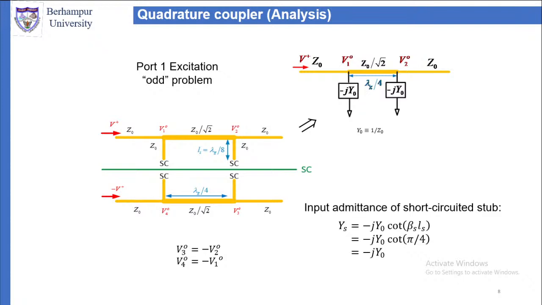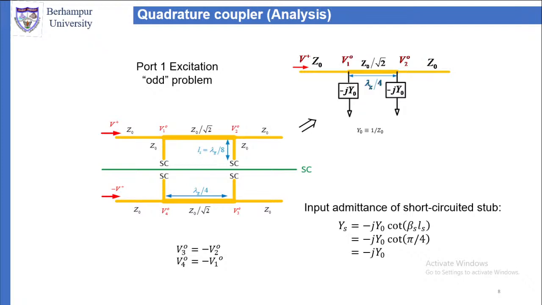Then at the plane of symmetry, in the odd mode problem, it is a short circuit. Plane of symmetry represents short circuit since it is an odd mode problem. Under short circuit condition, the input admittance of the short circuited stub will be Ys, which is equal to minus j Y0 cot beta s Ls. Beta s Ls is equal to pi by 4, we know that.